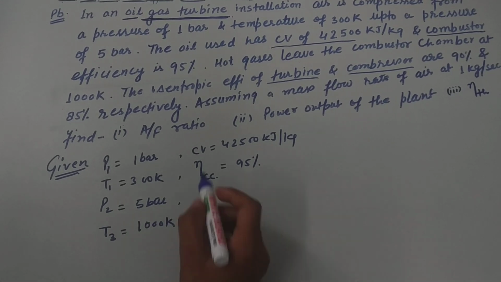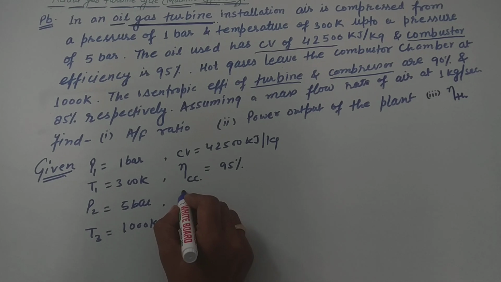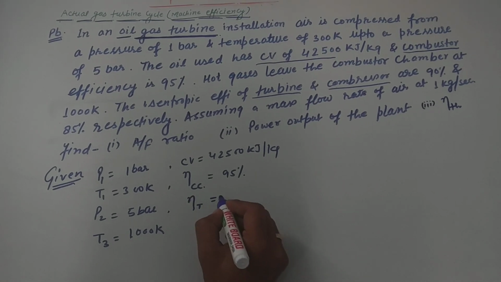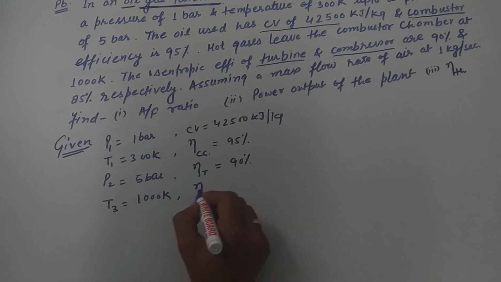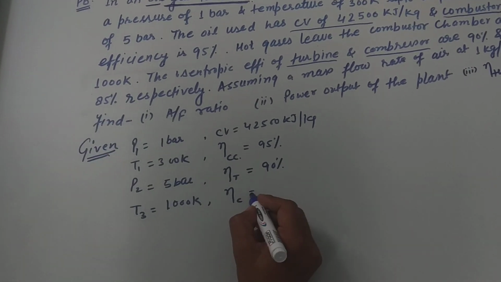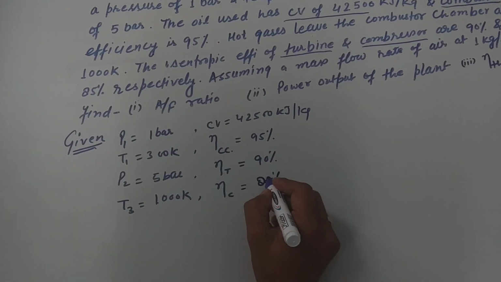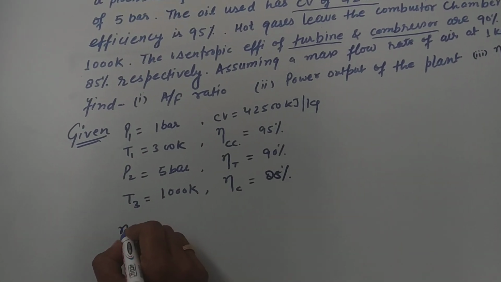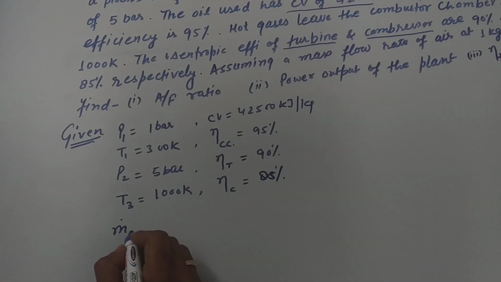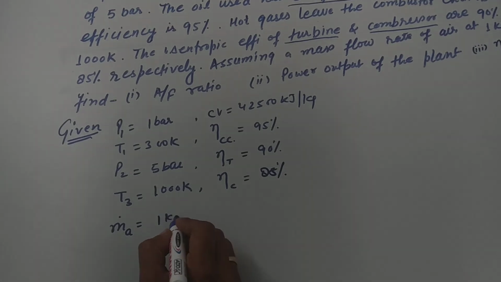The isentropic efficiency of the turbine is 90% and the isentropic efficiency of the compressor is 85%. The mass flow rate of air, m dot, is given as 1 kg per second.